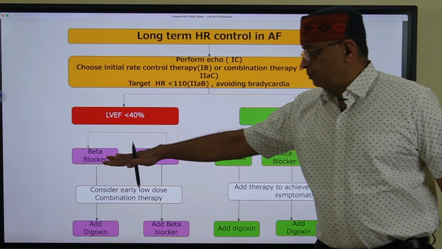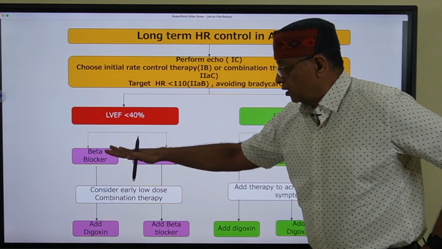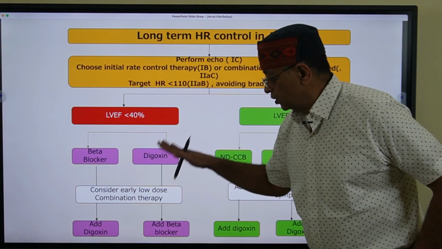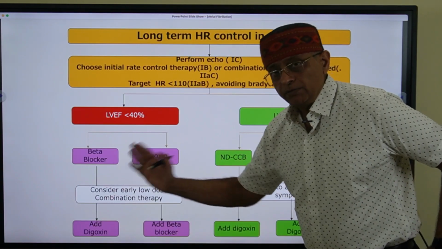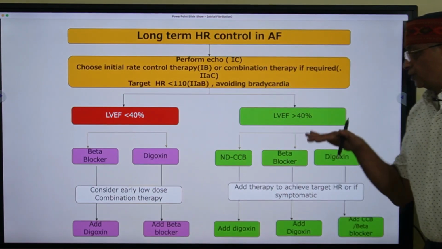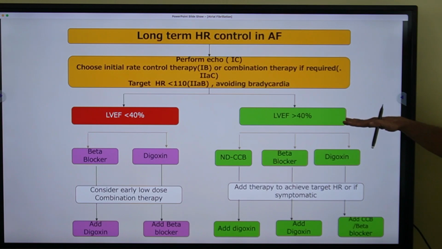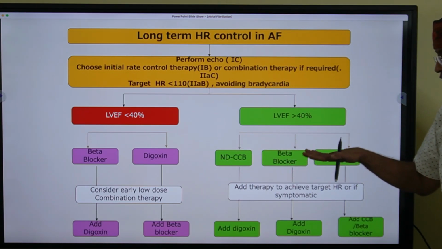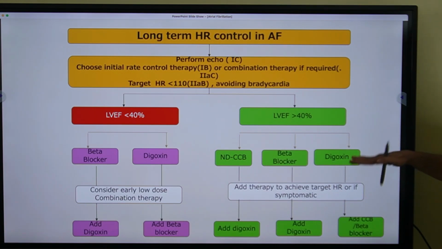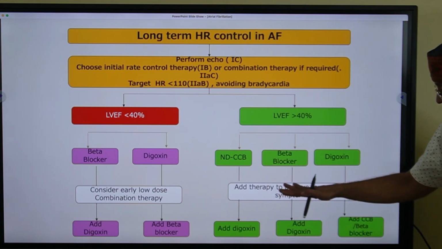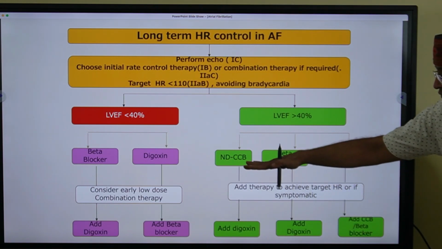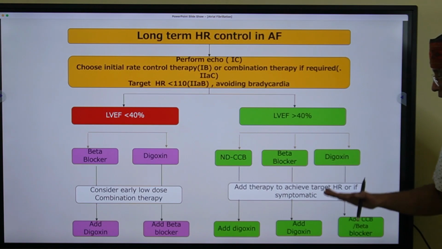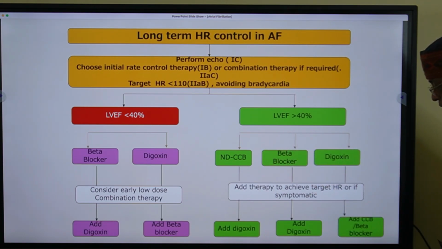So if you have started a beta blocker, consider low dose combination therapy, so you may add digoxin. If you have started digoxin, later on you may add a beta blocker if required. If the ejection fraction is more than 40%, you could start with a calcium channel blocker or beta blocker. I would not start with digoxin. Add therapy to achieve target rate. If the target is not achieved, then you may add digoxin or a beta blocker and calcium channel blocker combination.